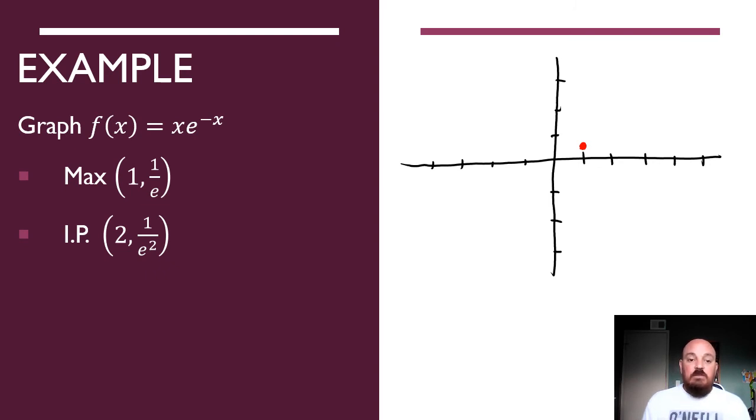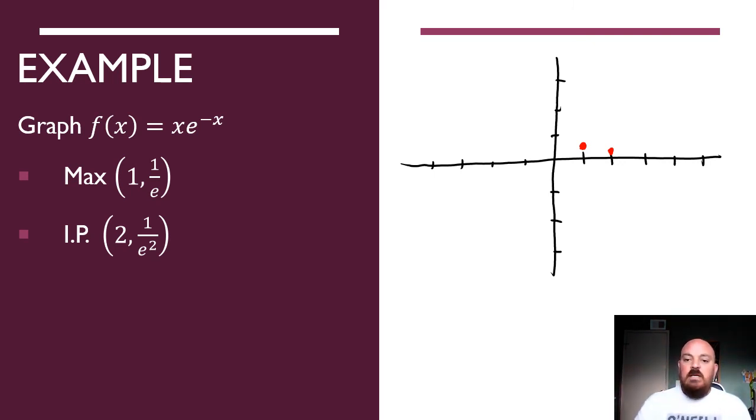Then we have an inflection point at 2 comma 1 over e squared. That would be over 2 and up even less, just a tiny bit. And we know that the first one was a maximum, so it has to increase to that first one and then decrease from there.